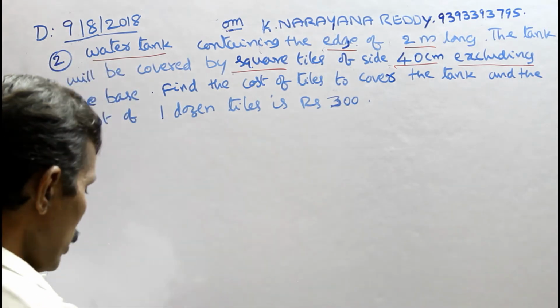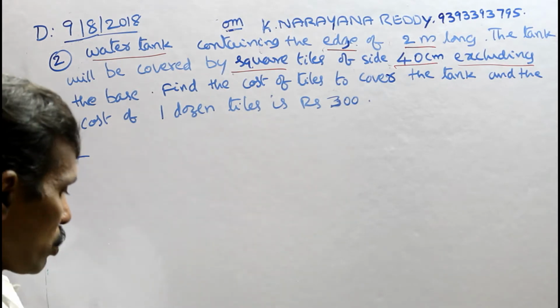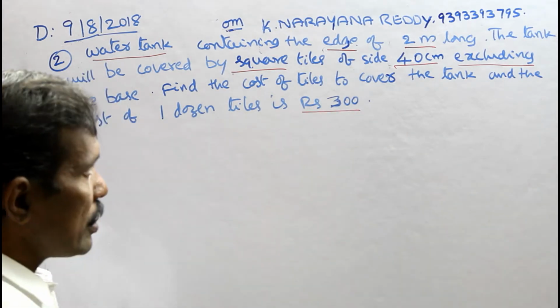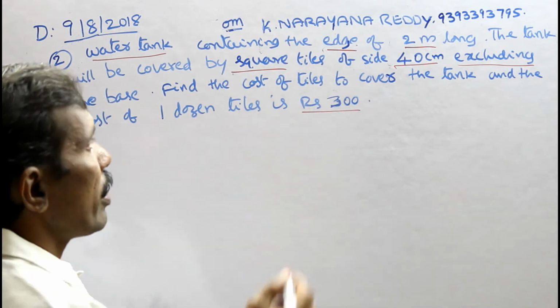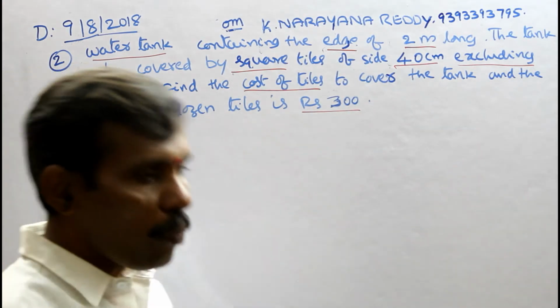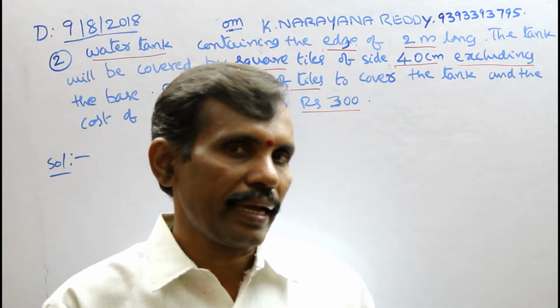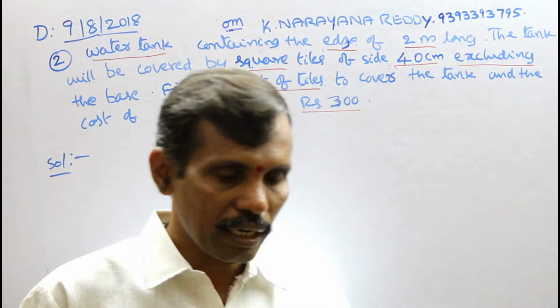The cost of 1 dozen tiles is 300. So how much will it cost to cover the tank, excluding the bottom?